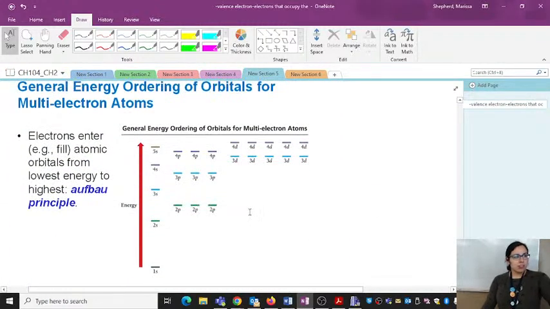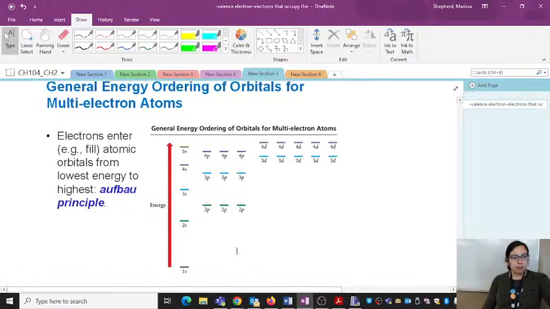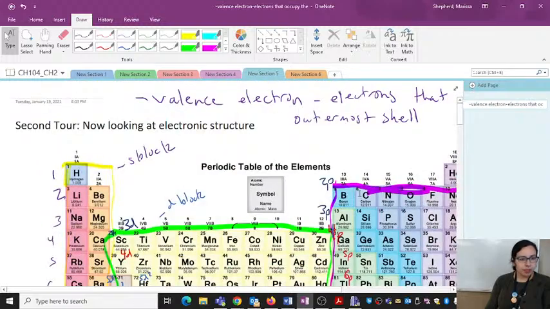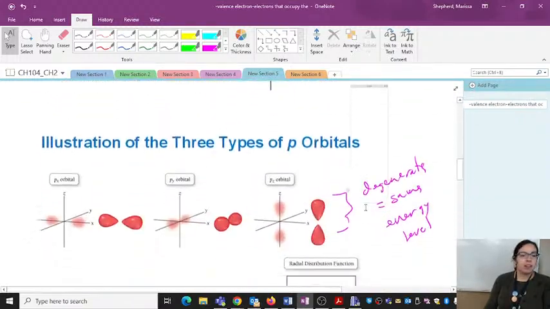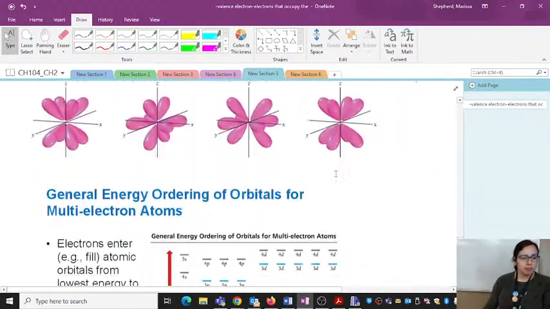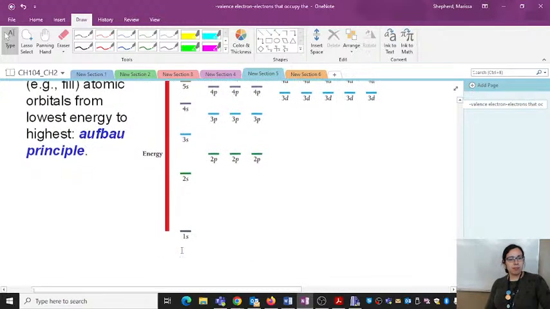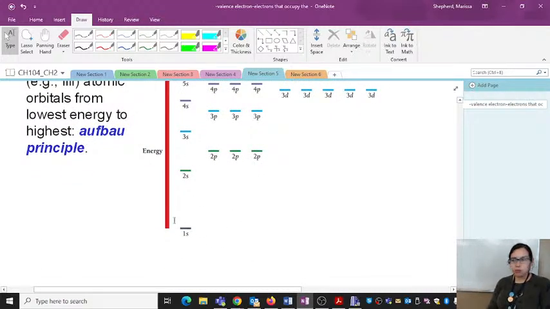So this is just another representation of what we did. This is the same order as this. And this just shows you the energy levels. If you notice, there's the greatest difference from the lowest ones.